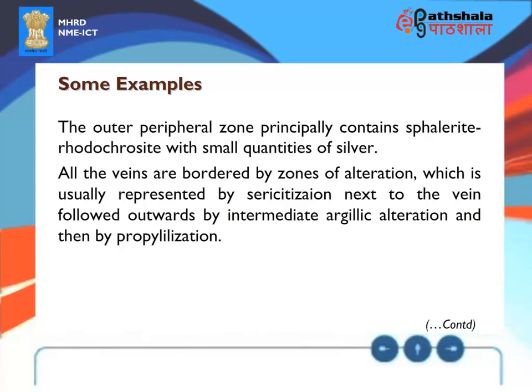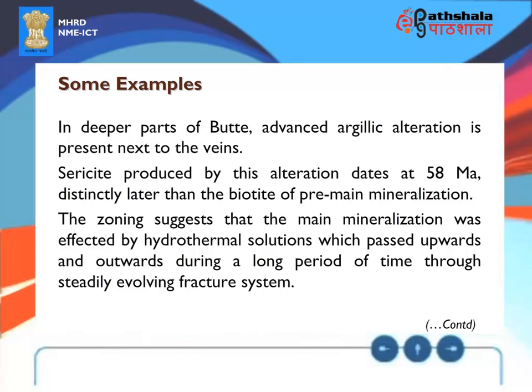All the veins are bordered by zones of alteration, which is usually represented by sericitization next to the vein, followed outwards by intermediate argillic alteration and then by propylitisation. In deeper parts of Butte, advanced argillic alteration is present next to the veins.